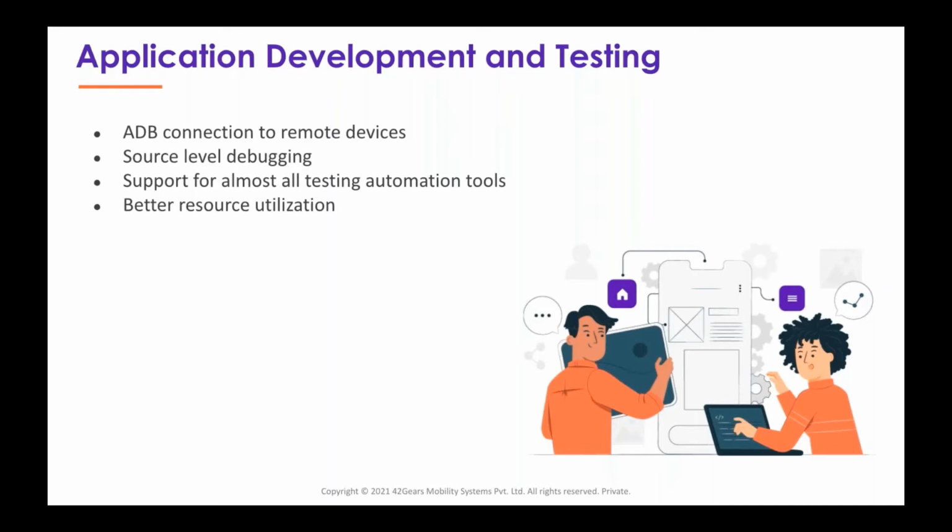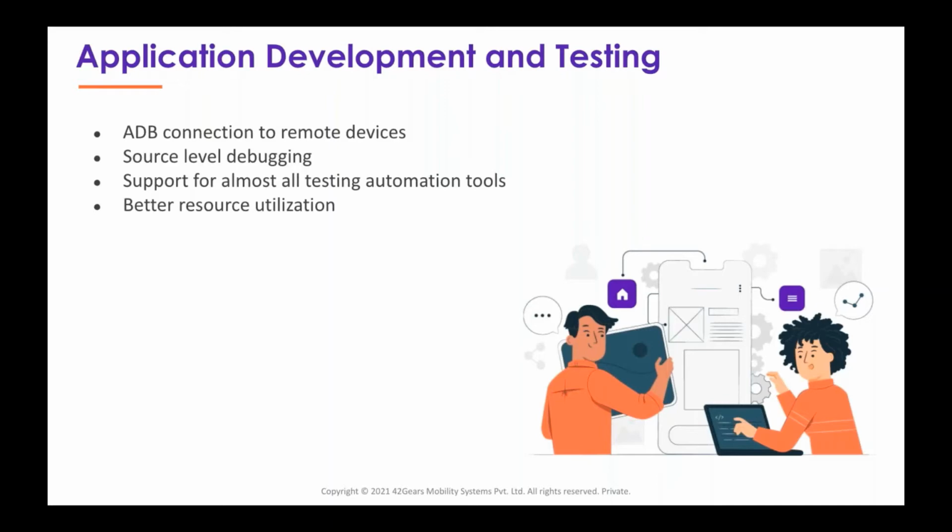The second use case is obviously application development and testing. It gives us a way of getting an ADB connection to the remote devices, which allows developers to do source level debugging, view the logcat messages, install and uninstall applications, and do anything else they could normally do with a device sitting next to them.